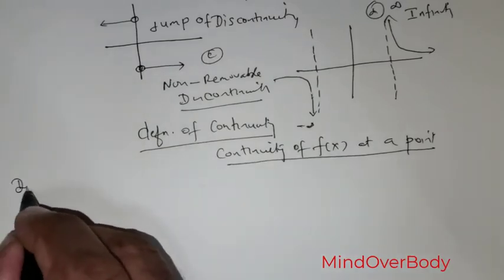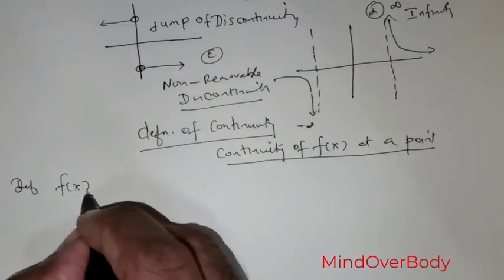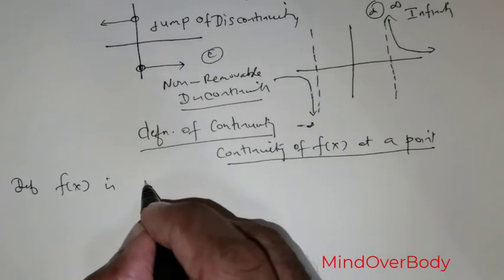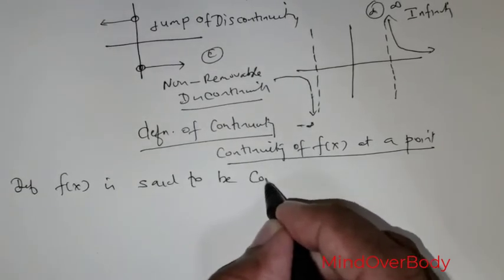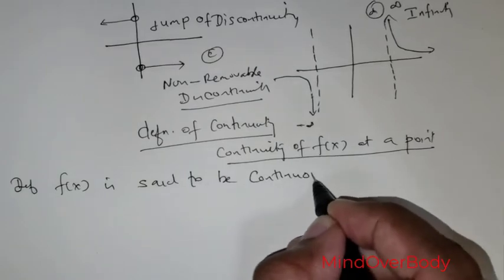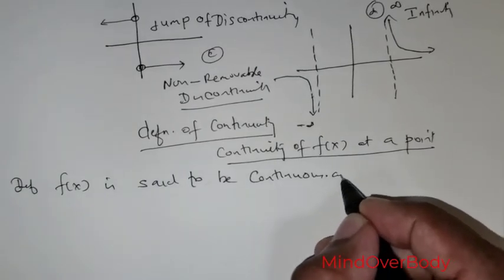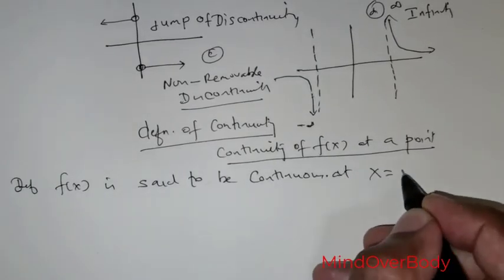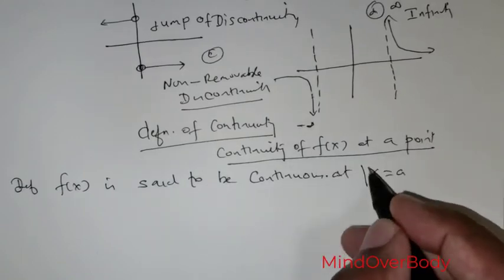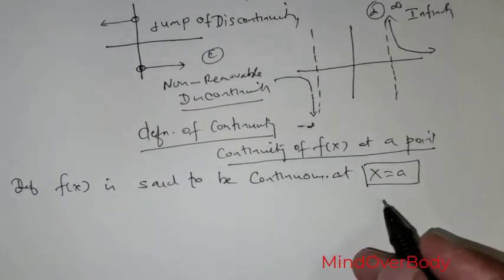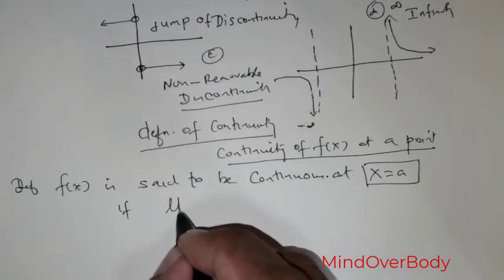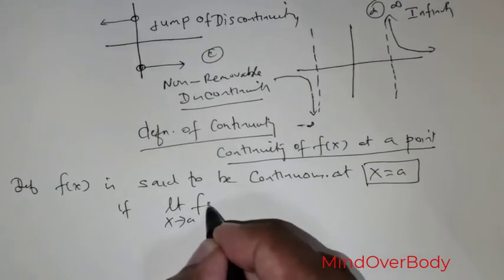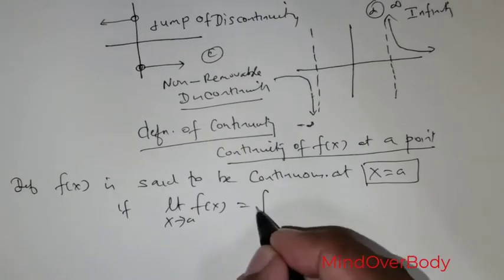Now the definition is as follows. f of x is said to be continuous at a point. Since I mentioned here, it is actually continuity at a point. At some point x is equal to a, if the limit x tending to a of f of x is equal to f of a.